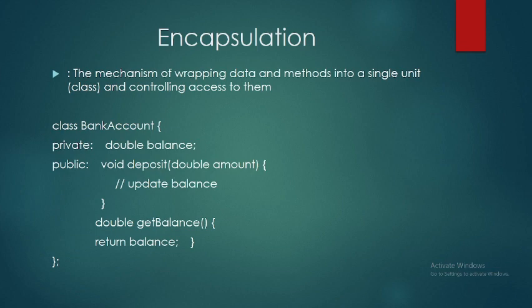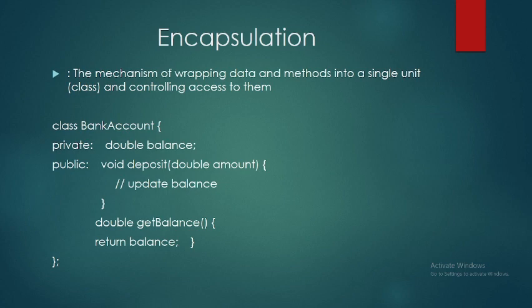You can say sensitive data is controlled from being accessed from outside the class. And as I had mentioned earlier, there are three access specifiers in C++: private, public, and protected. How do you declare what is private and what is public? Let's look at an example. Here, the bank account is a class, and within that, you have defined balance under private and the function deposit under public.